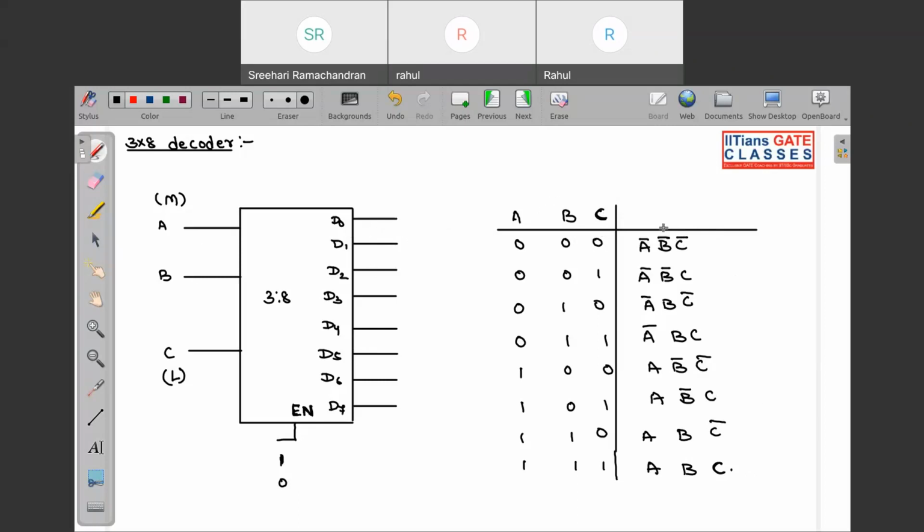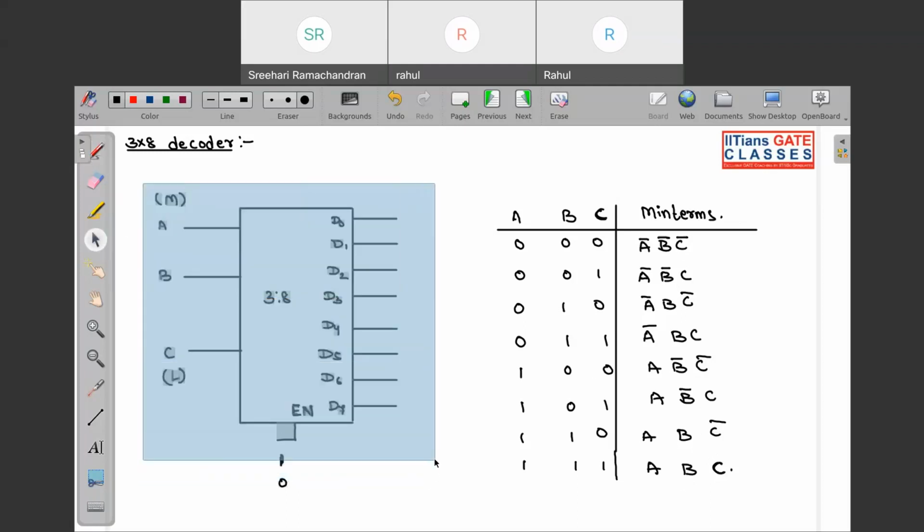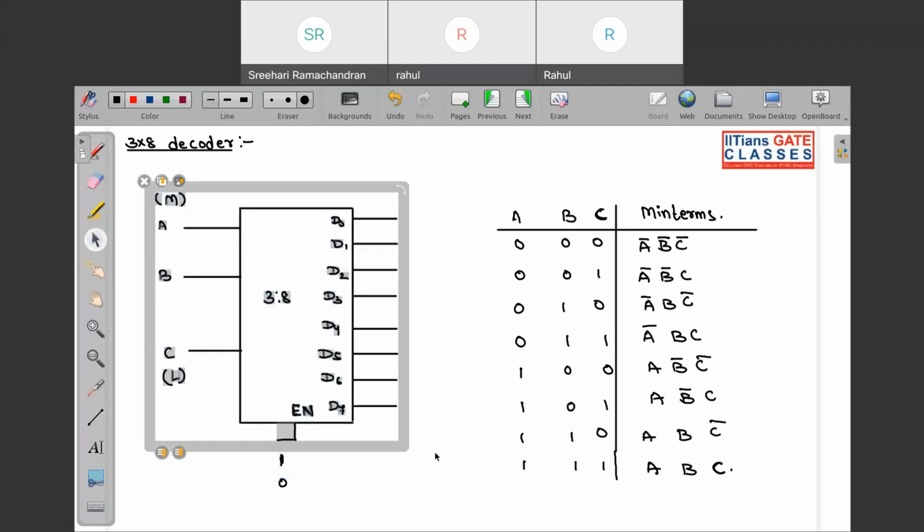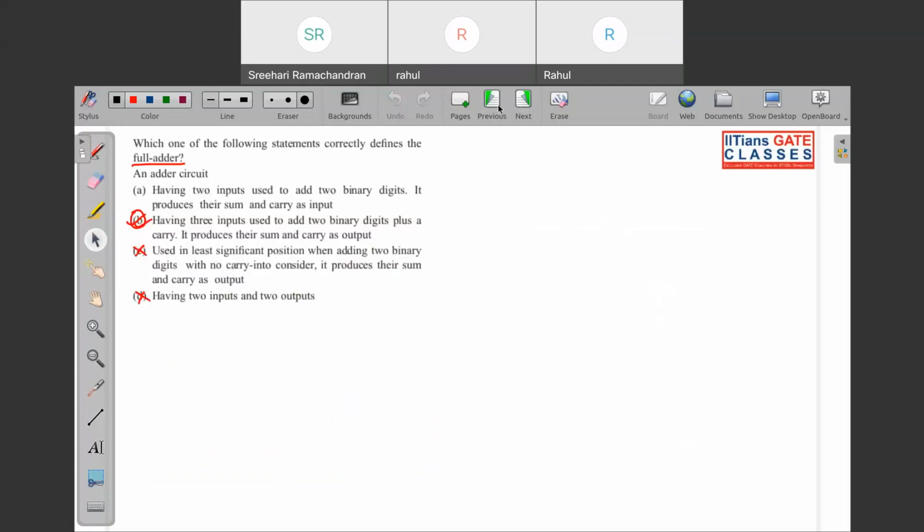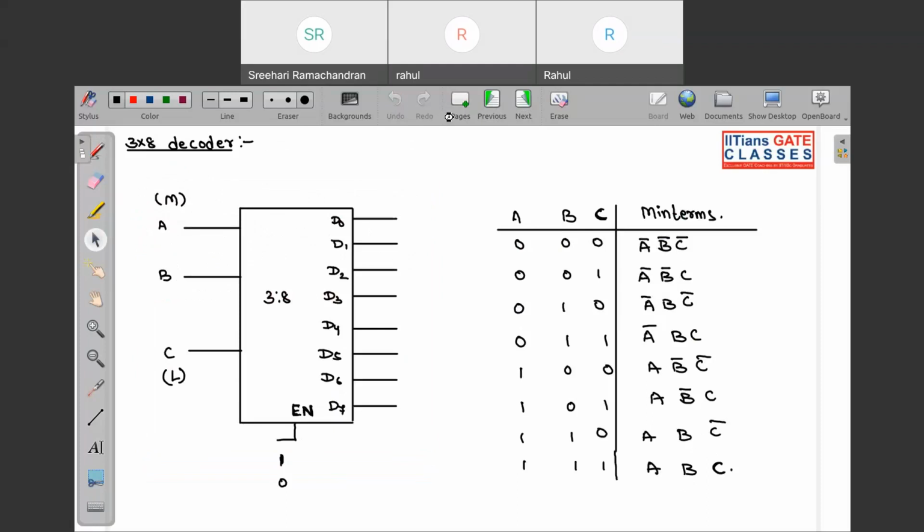Now suppose I want to pass maxterms over here. These are all your product terms. Sorry, suppose I want to pass sum terms or maxterms, what are we going to do? Simply, the circuit is going to look the same.